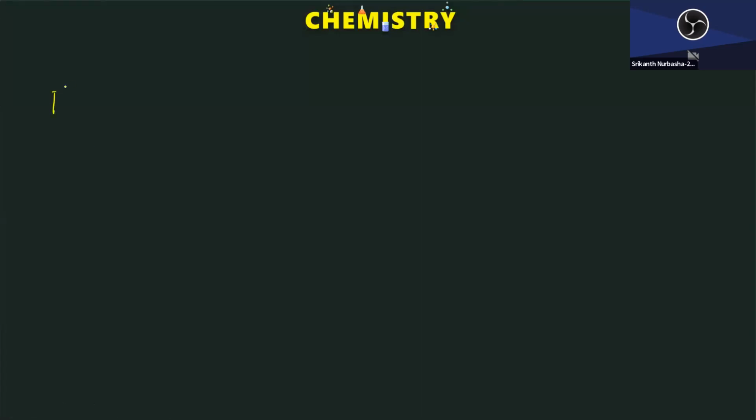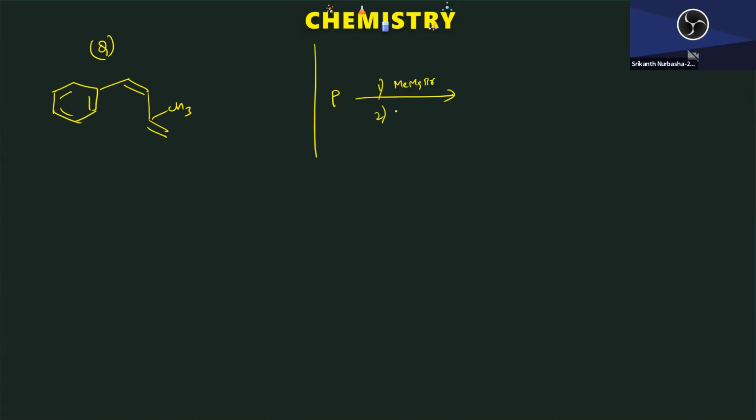If you look at the compound, it was something like this, right, Q? Yes or no? And this was the sequence of reactions: P treated with MeMgBr, followed by H plus in the presence of H2O, followed by H2SO4 upon heating.